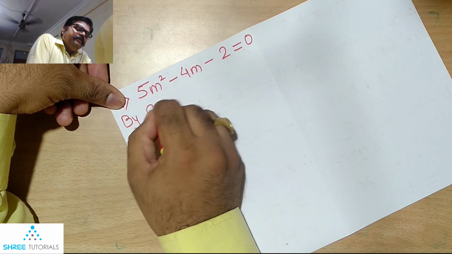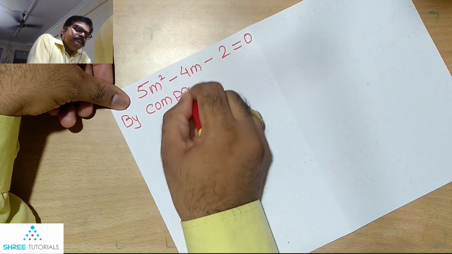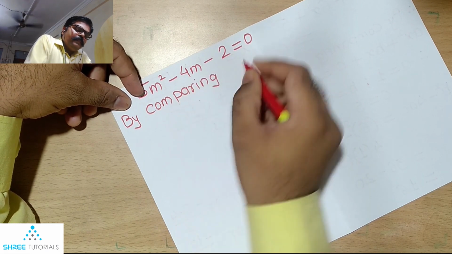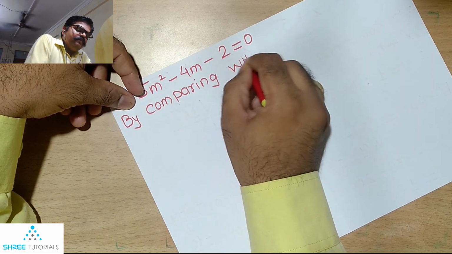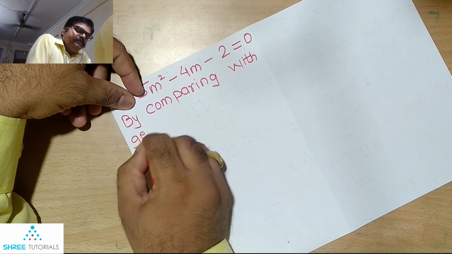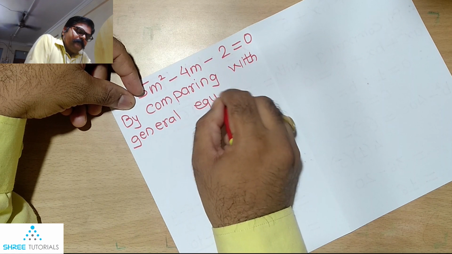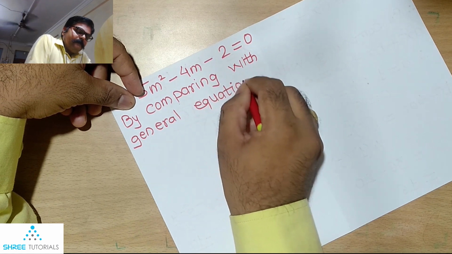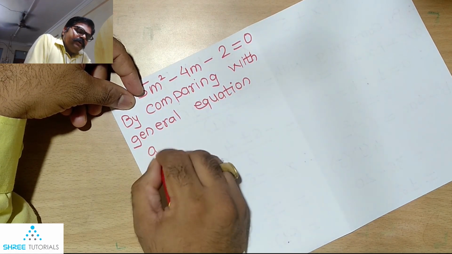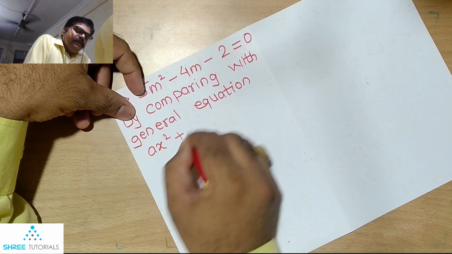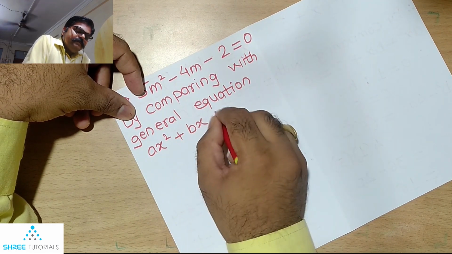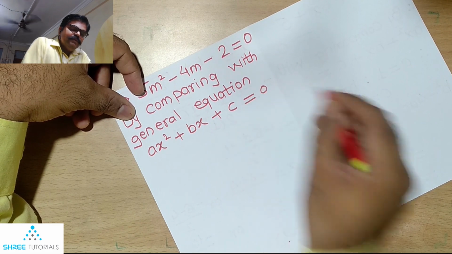By comparing with general equation. What is the general equation? ax square plus bx plus c is equal to 0.